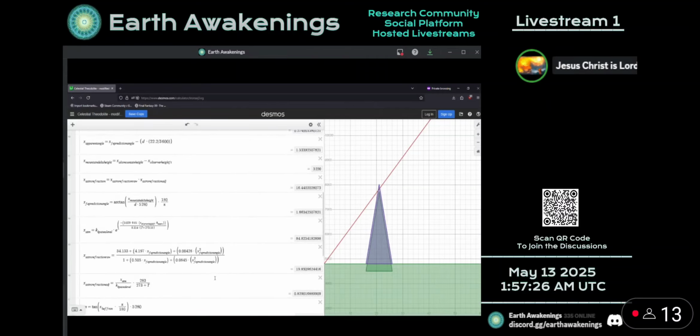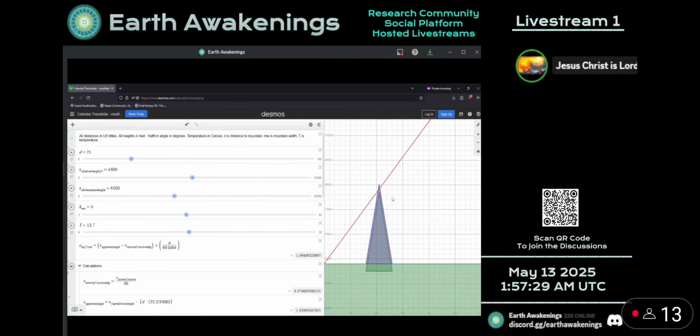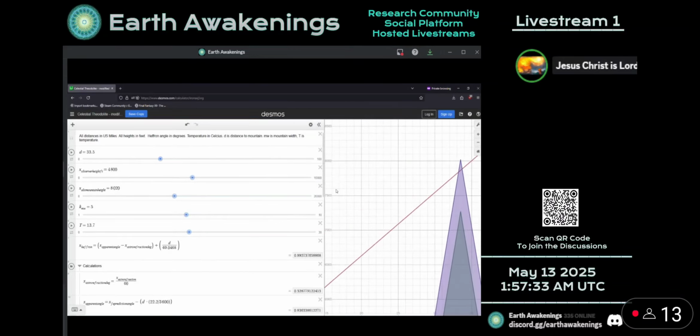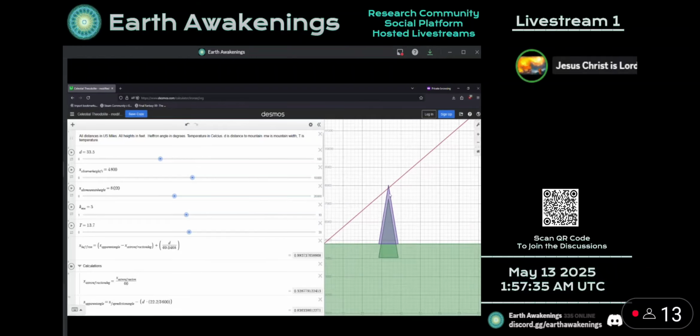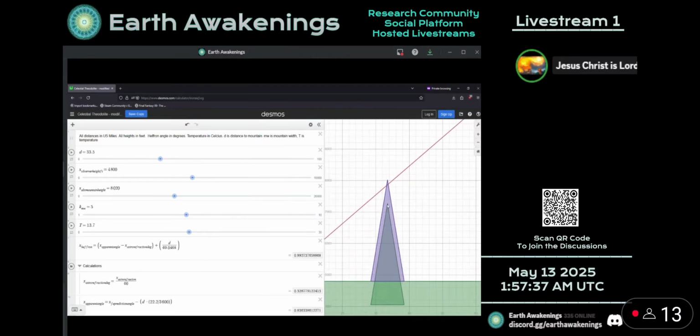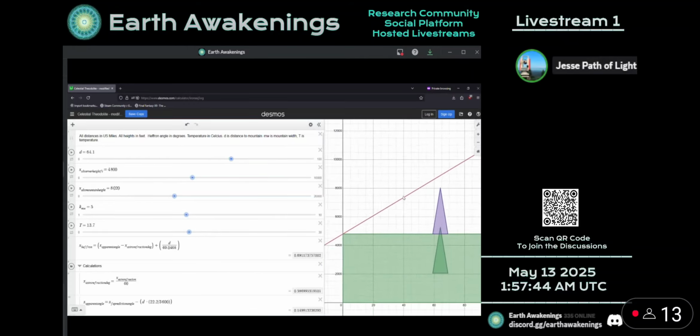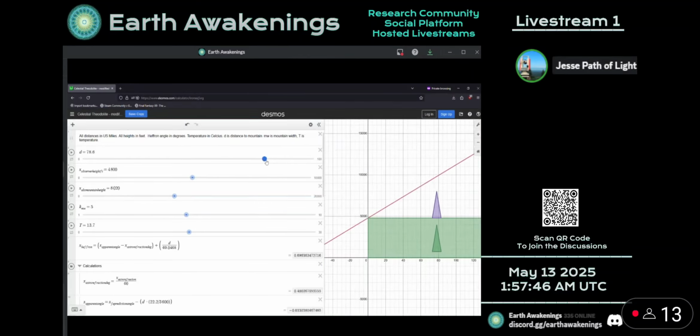I mean, at this point in modern science, this red line should be comporting with that green thing all the time, not the purple thing. This green mountain is the globe, and this purple one's the FE, right? Well, if the method was unambiguous, if it worked regardless of distance, then yes, but it doesn't.